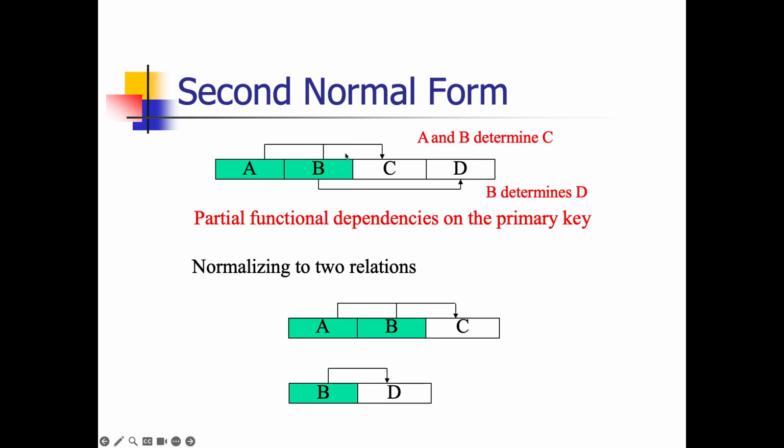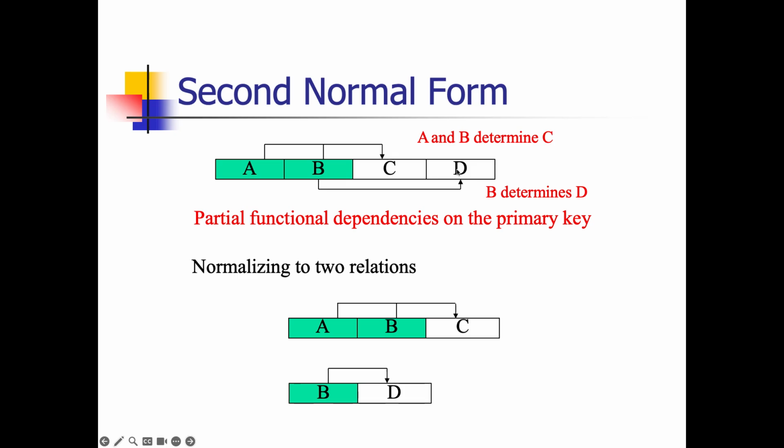So let's say these green ones are your composite primary key. So you have A and B, these columns are your composite primary key. And if column D depends on only one part of this, that is B, you can think of it as, for example, course ID and D as a course name, okay?